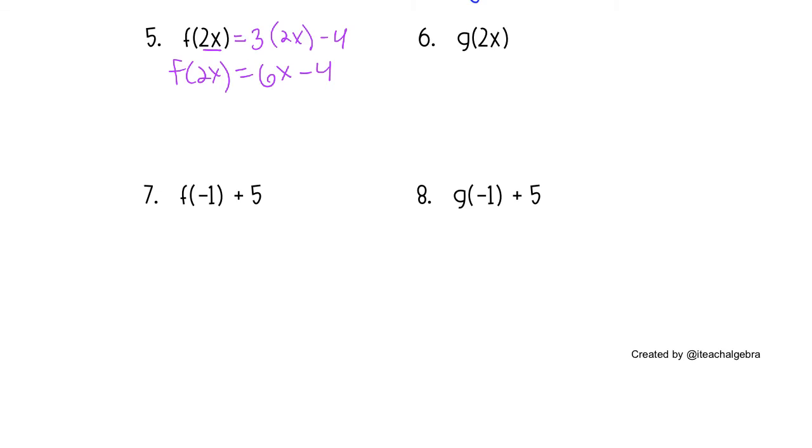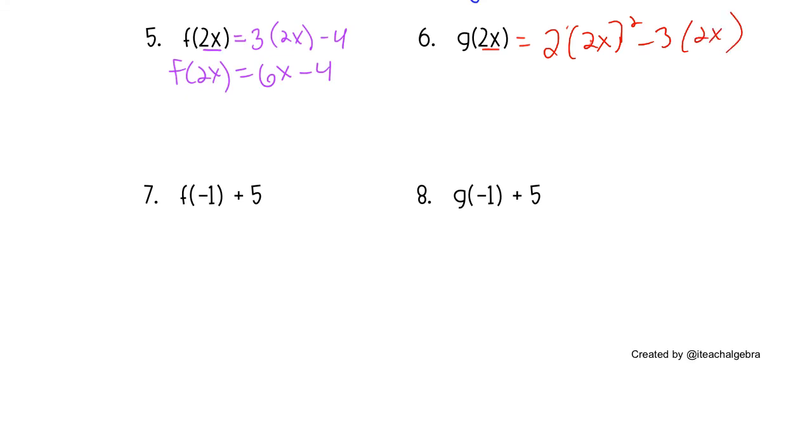Same idea. It is the g equation, but we're going to put 2x everywhere there's an x. So I have 2 times 2x squared minus 3 times 2x.